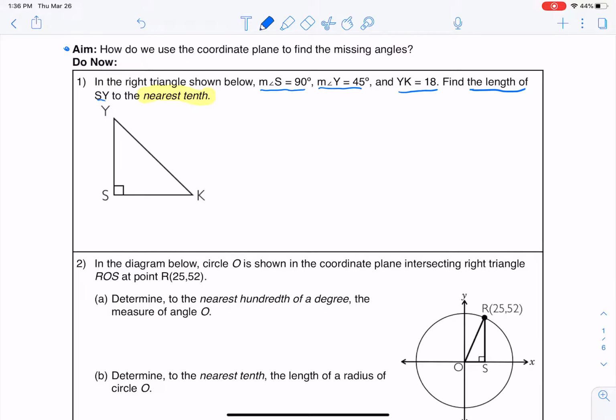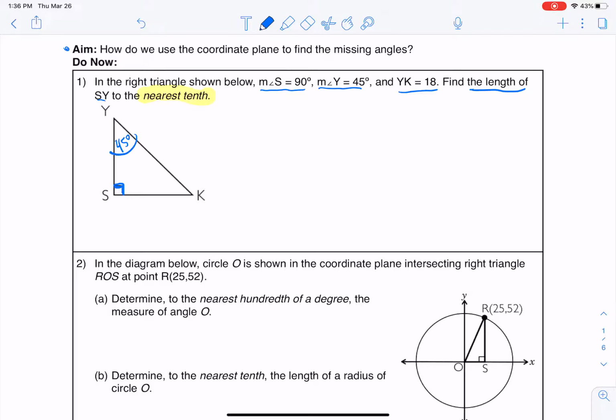So first I know that angle S is 90, and that's already indicated for me with the box that's drawn in the right angle. I know that the measure of angle Y is 45 degrees, so I'll write that there, 45 degrees.